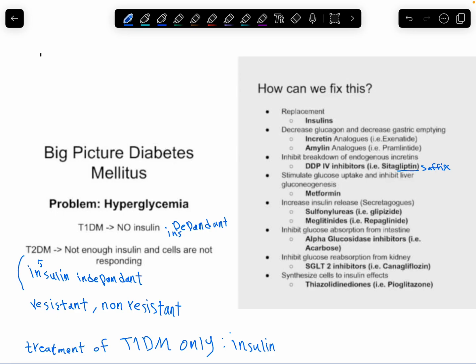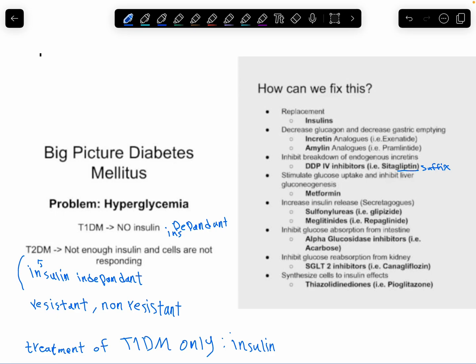Then next we will go to inhibiting glucose absorption from the intestine. Our fight today is against biochemistry. Glucose blocked. We don't want glucose from any source, because when it stays in our blood, it causes hyperglycemia.